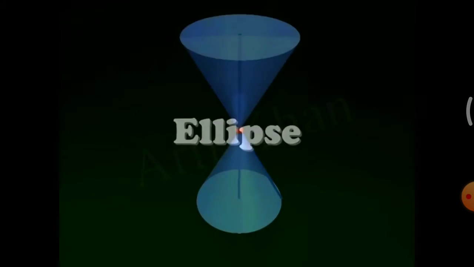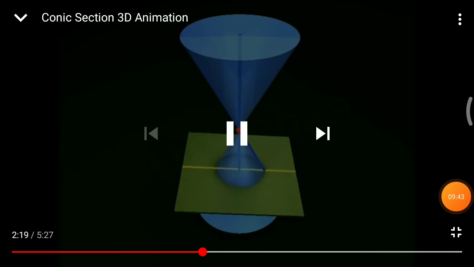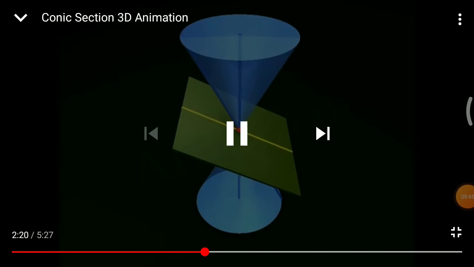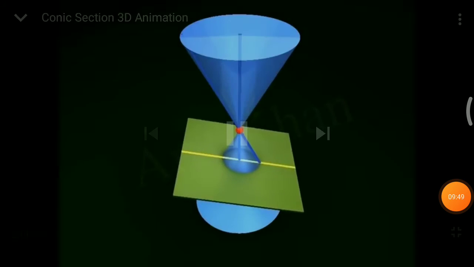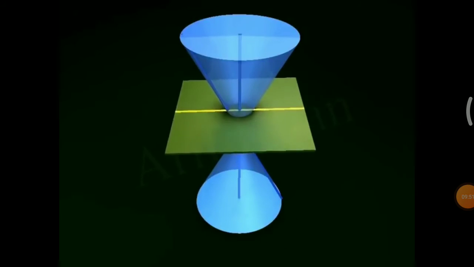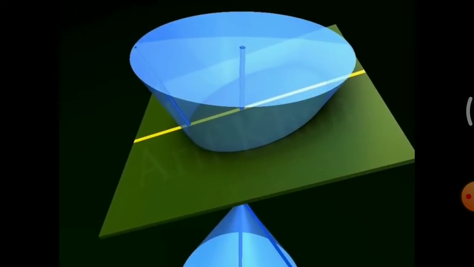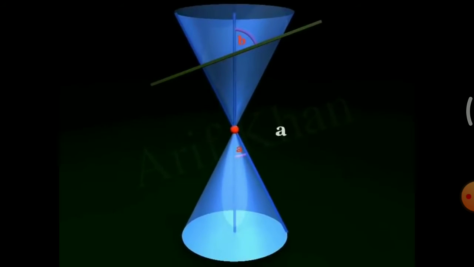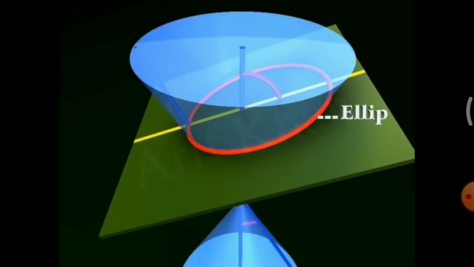First one is the ellipse. When the plane intersects the double right circular cone in such a way that the angle between the plane and the axis is greater than the vertex angle, we get a closed curve called an ellipse.